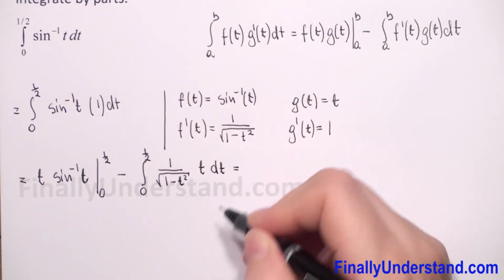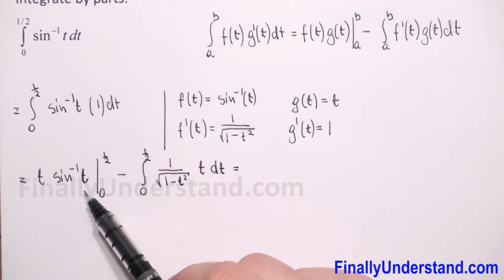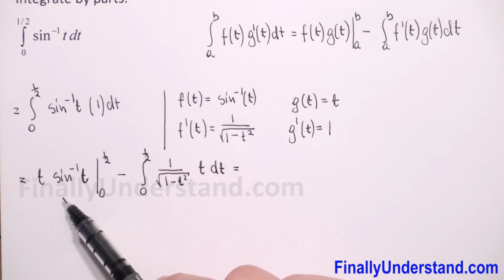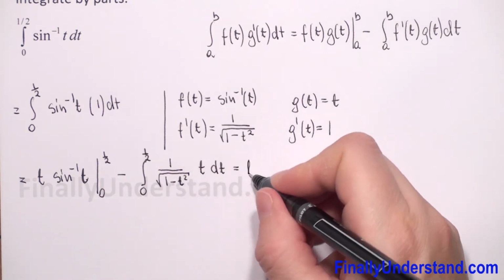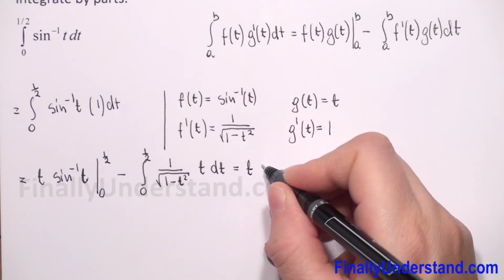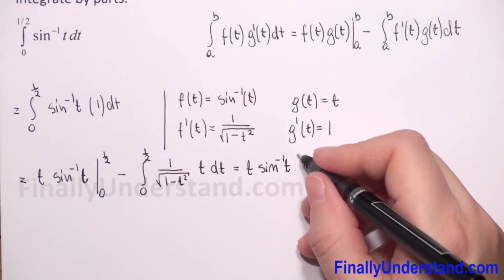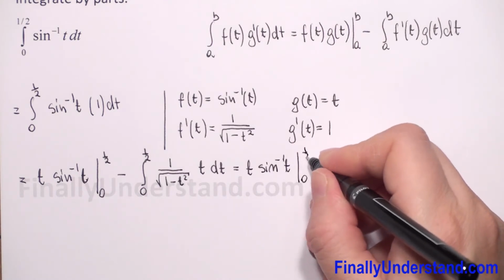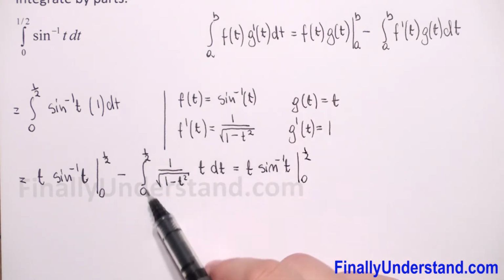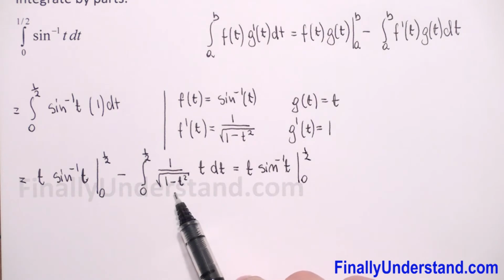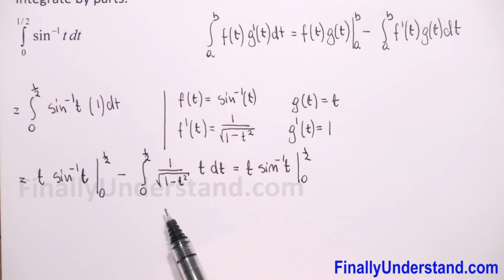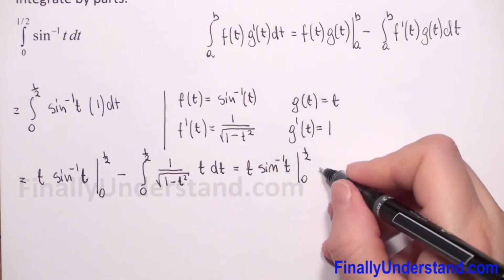So this is equal to, we can copy the first expression: t times inverse sine of t, limits from 0 to 1/2. And to solve the second integral, we will use the substitution method.